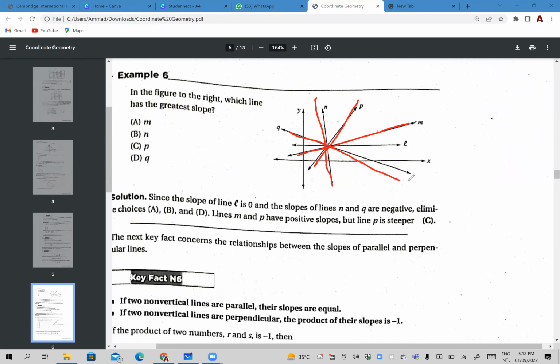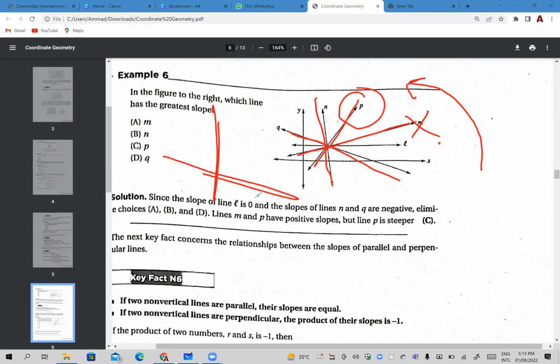Number 1, M cannot be it, because as the line moves towards the y-axis, towards a 90 degree tilt, its slope increases. So any line before 90 degrees from this line, I think that is P. Why? Because Q is completely out of question, since Q is falling on this side.